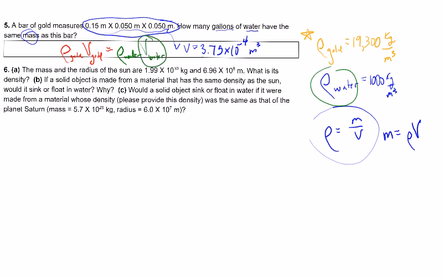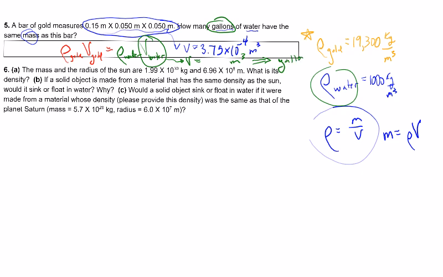We're going to solve for that volume of water. When we do that, you're going to get cubic meters, not gallons. So your last step, once you get the volume in cubic meters, is to convert this into gallons.